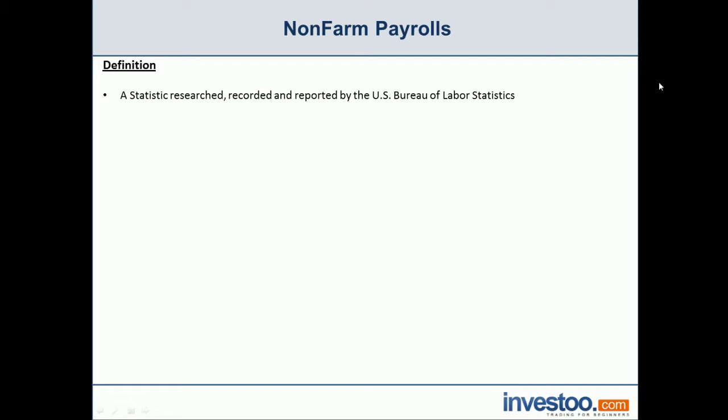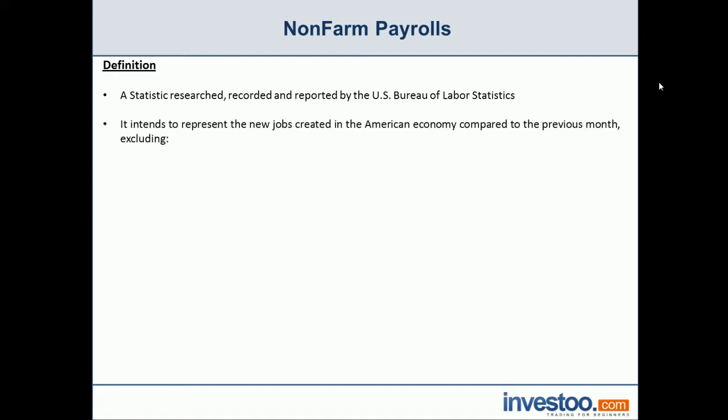This is a statistic research recorded and reported by the U.S. Bureau of Labor Statistics. This means that we are talking about an employment number in the United States of America. It intends to represent the new jobs created in the American economy compared to the previous month. But this number excludes farm workers, and this is why it's called non-farm payrolls, private household employees, and non-profit organization employees.